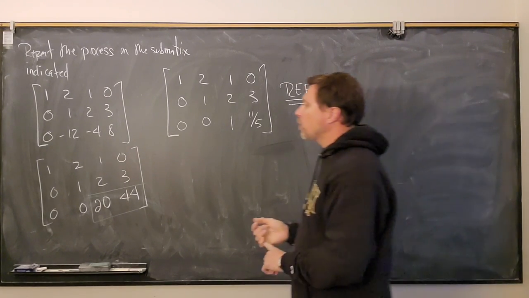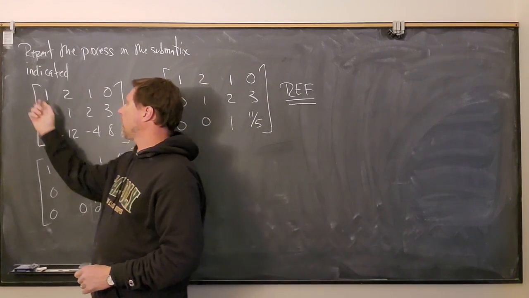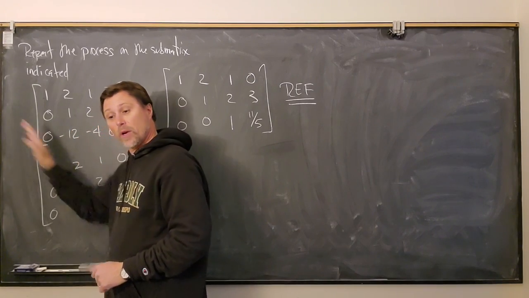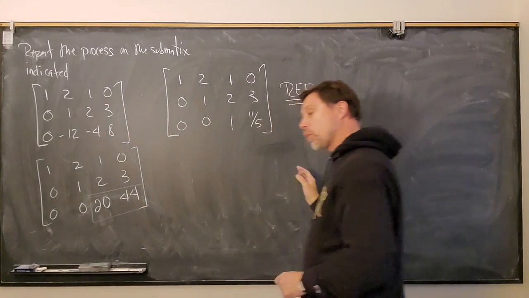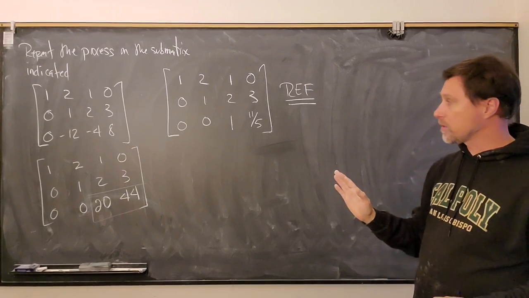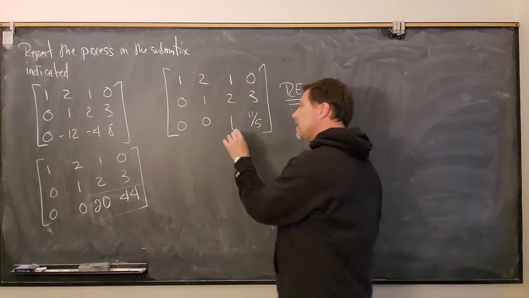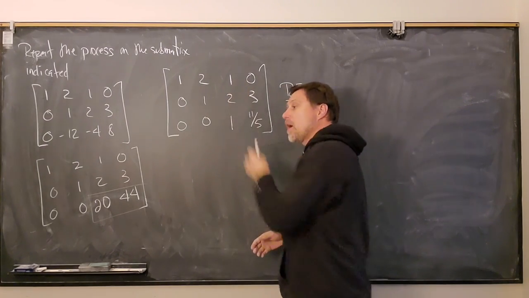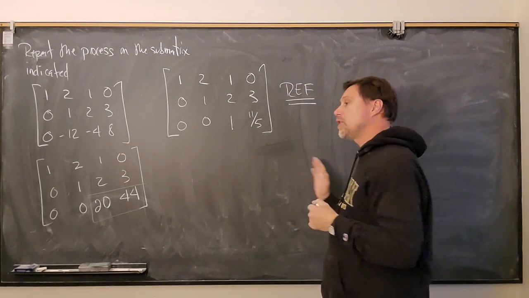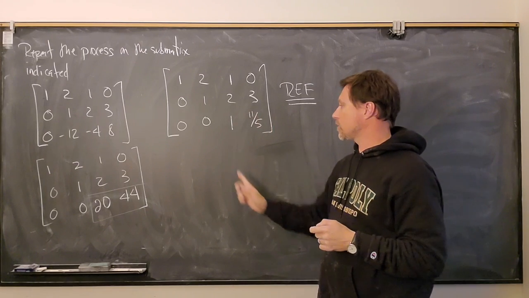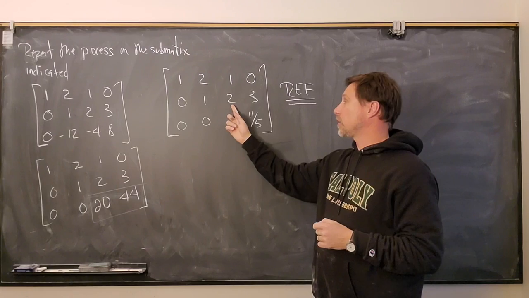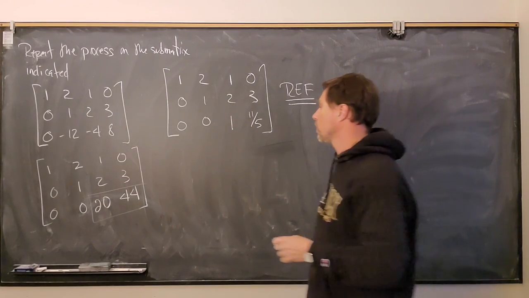Now notice, we worked left to right before, right? Creating a leading 1 in the leftmost column, moving over, moving over, moving over as we create leading 1s. Now what we're going to do is work right to left. To get it into reduced row echelon form, I need zeros above each leading 1. I'm going to do that by working right to left. So I'm going to start with that leading 1. I'm going to use row operations to get zeros here and here.